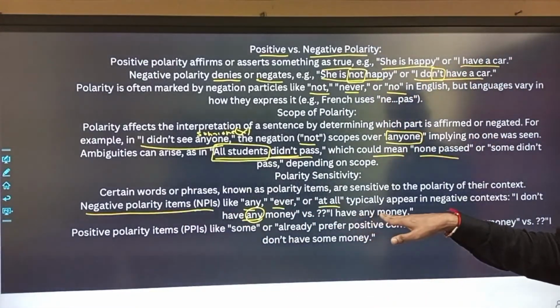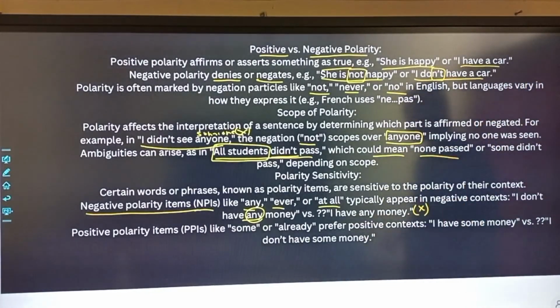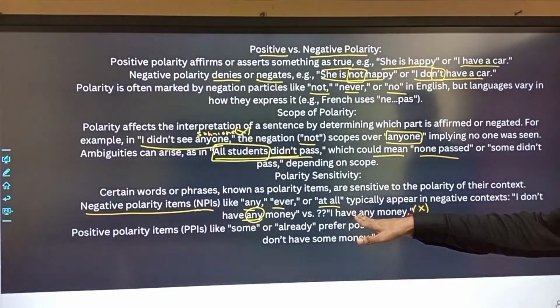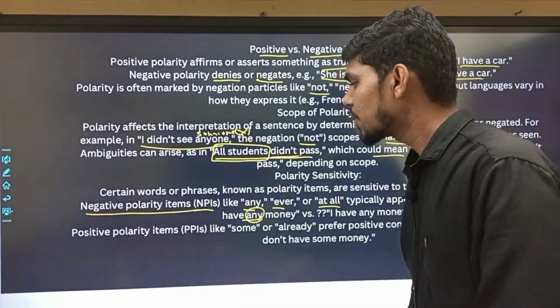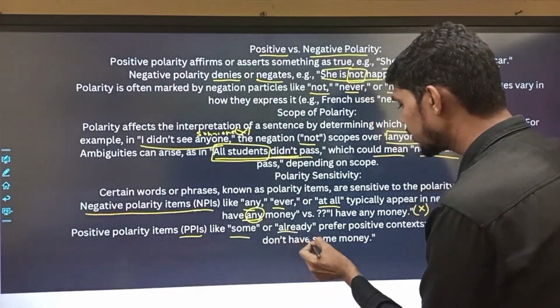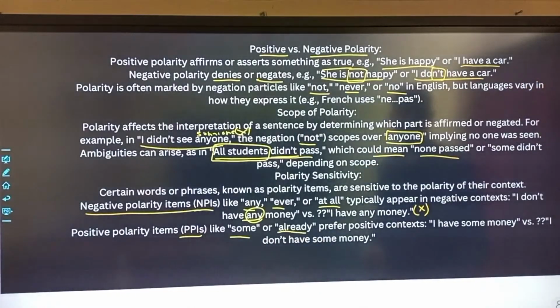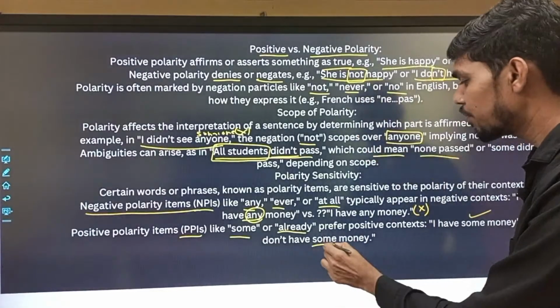Versus I have any money. This sentence will be wrong, right? Because it is not natural. Positive polarity items, PPIs, like some, already, prefer positive context. I have some money. This sentence will be correct. Versus I don't have some money.